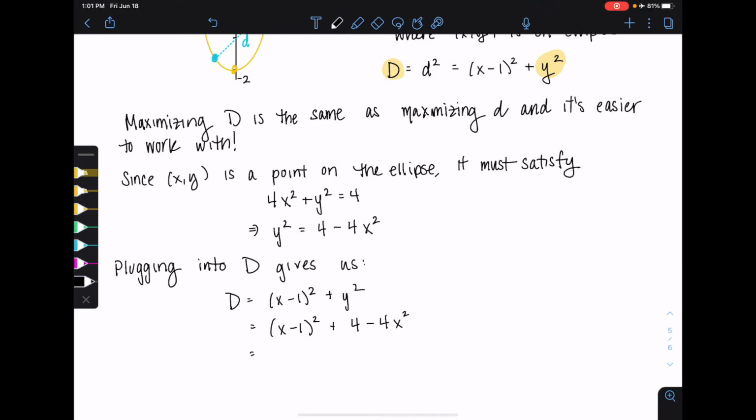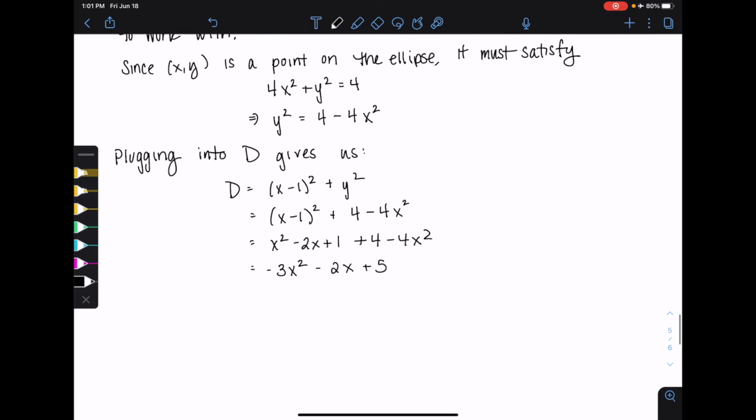So we need to FOIL this out because I've got to take a derivative. That'll be x squared minus 2x plus 1 plus 4 minus 4x squared. Grouping my like terms, I've got x squared minus 4x squared, so negative 3x squared, minus 2x plus 5. And now I have a single variable function for my distance.